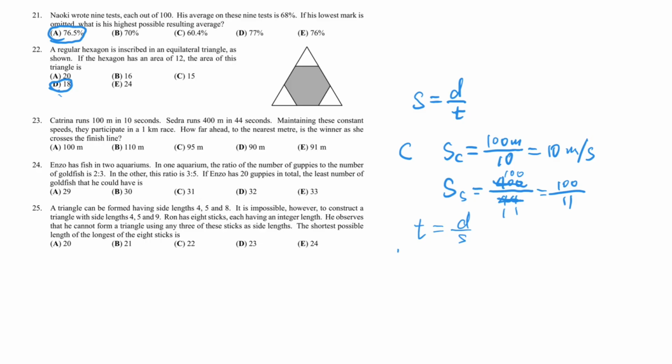So for Katrina's time, the distance is 1 kilometer, which is 1,000 meters, over the speed of 10 meters per second. So Katrina took 100 seconds to finish.